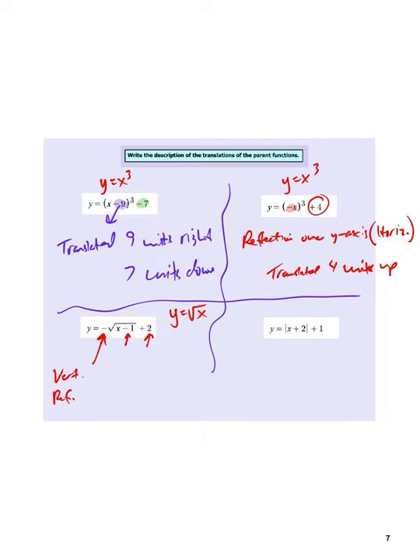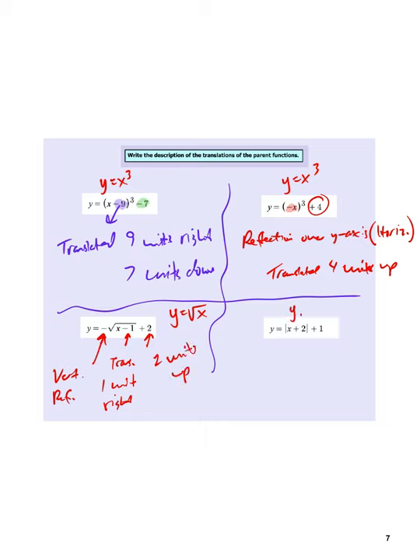This -1 would mean that it's translated 1 unit to the right, because if you put a 1 in there, 1 minus 1 brings it back to 0, so you look at what brings it back to the start, and so the minus actually moves it to the right. And then the +2 would be 2 units up.